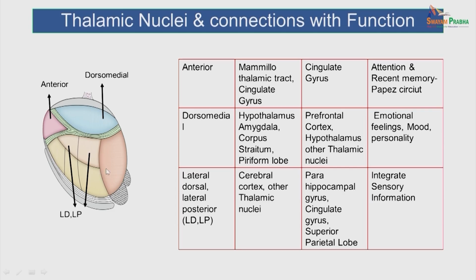Then we have the dorsal medial nuclear complex. The afferents are connected to the hypothalamus, the amygdaloid body, the corpus striatum and the piriform lobe, which are a part of the limbic system. Then the efferents are connected to the prefrontal cortex of the cerebral hemisphere, the hypothalamus and other thalamic nuclei.